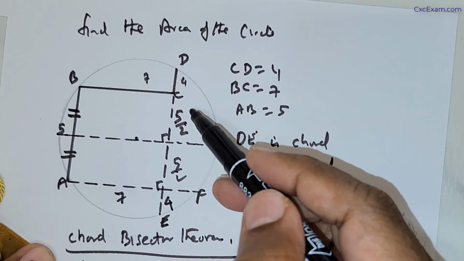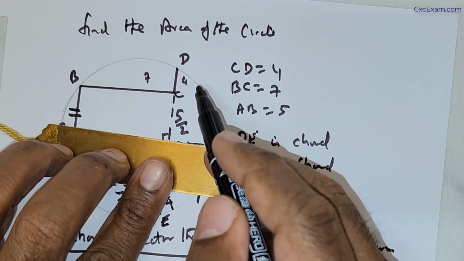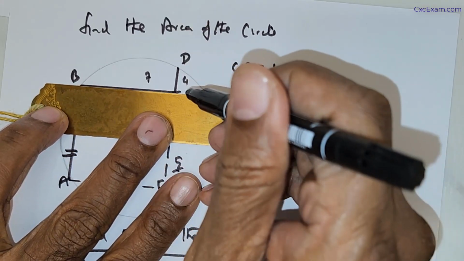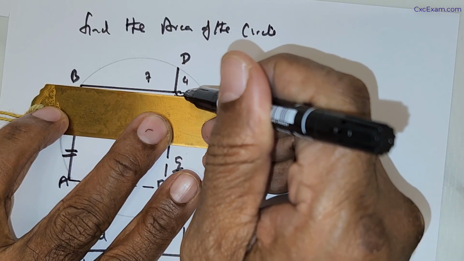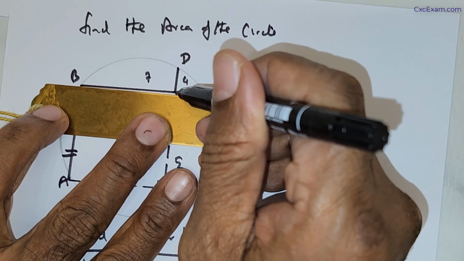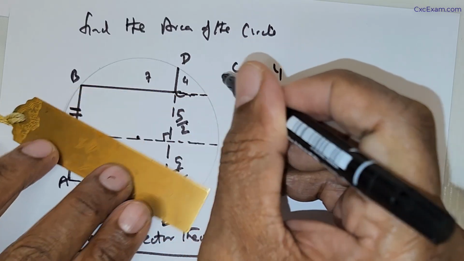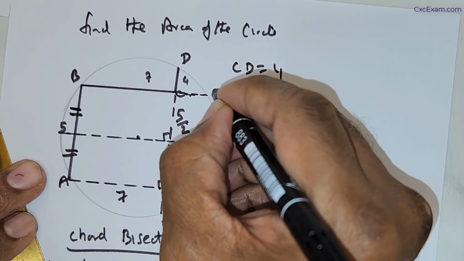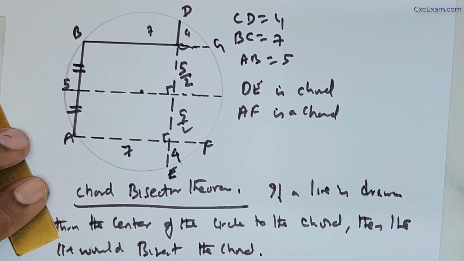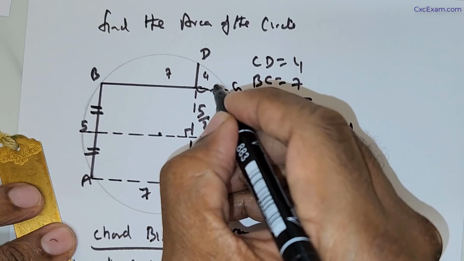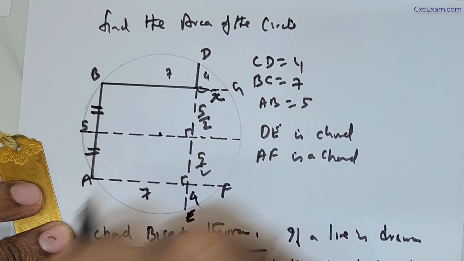Okay. Now since I'm going to extend this chord BC, it is going to hit the point G. Okay. Now let me take this point as some x.